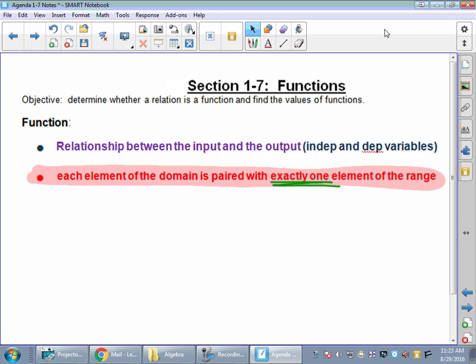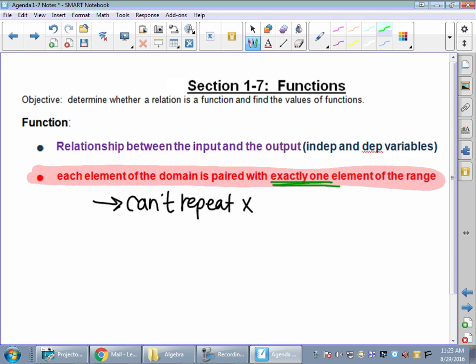If you need to wrap your brain around that in a different way, you can't repeat x values, because an x value can't have more than one y value. And let's just note that you can repeat y values.